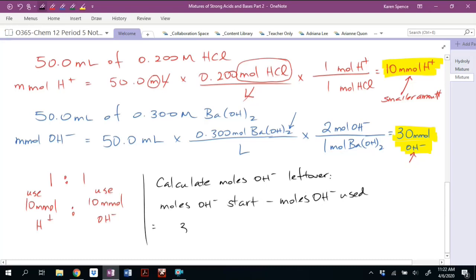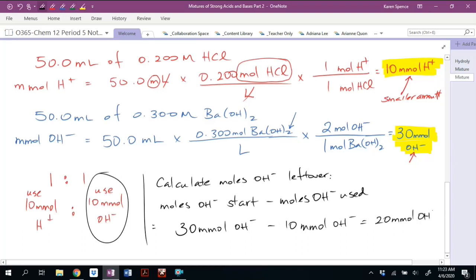So we started with 30 millimoles of OH minus, and we used up 10 millimoles of OH minus, and so we are left with 20 millimoles of OH minus.